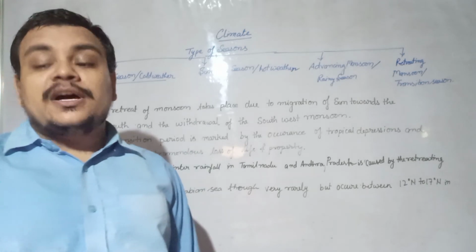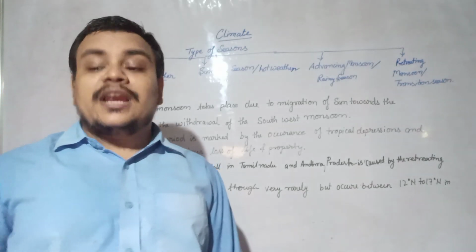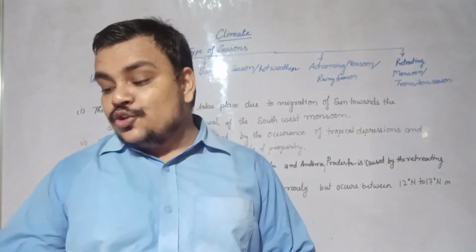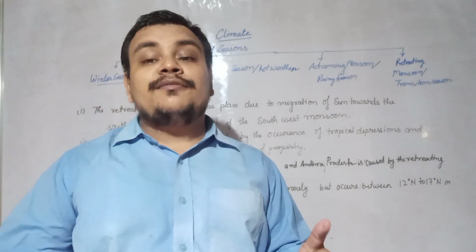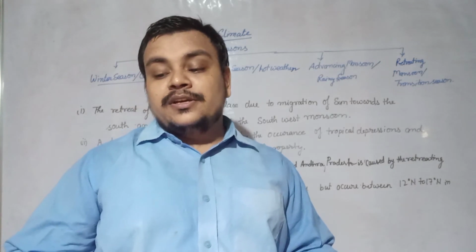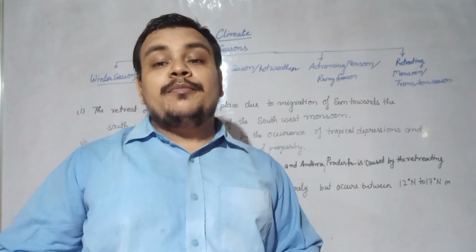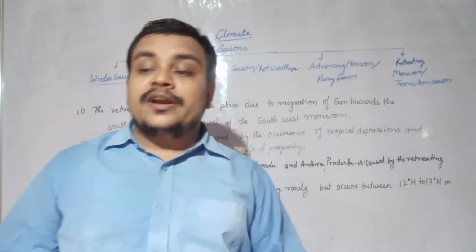The withdrawal of the monsoon leads to clear skies, high temperature and high humidity during the month of October. This sultry and oppressive weather is often referred to as the October heat.